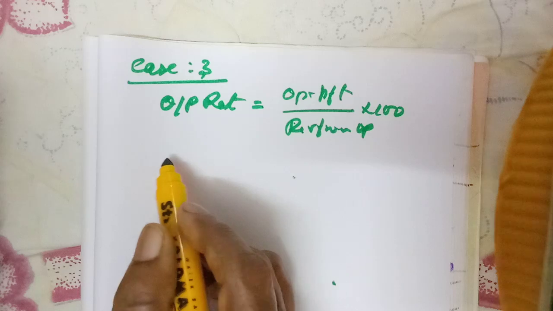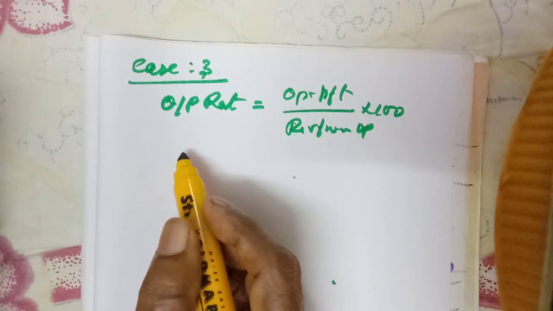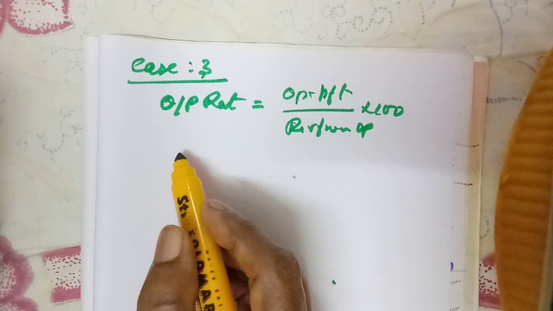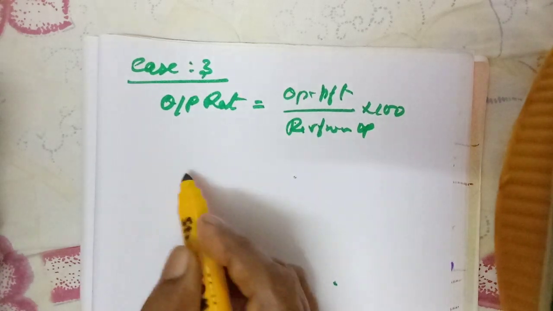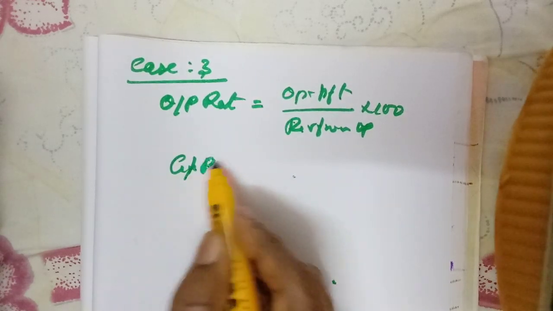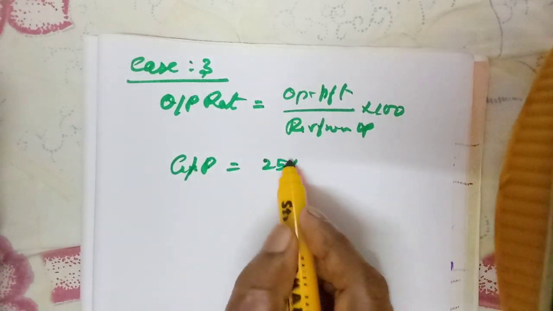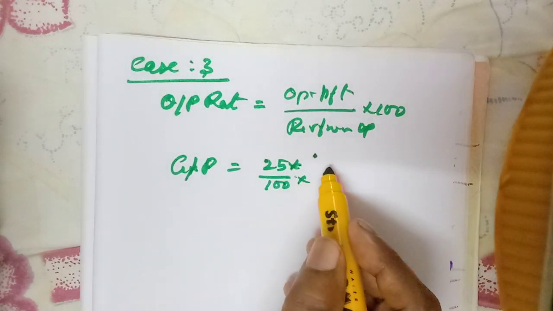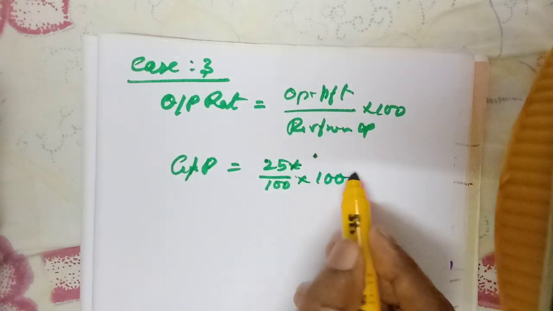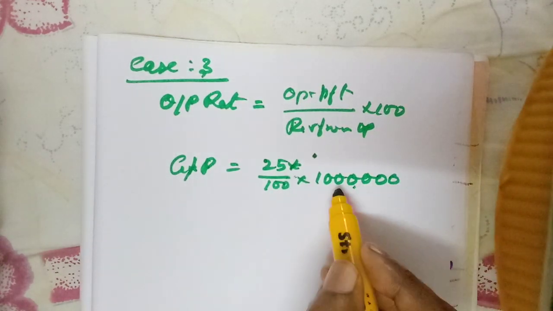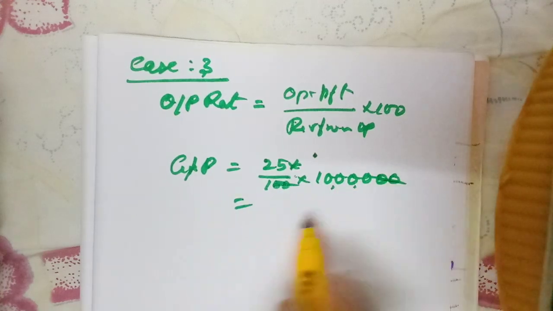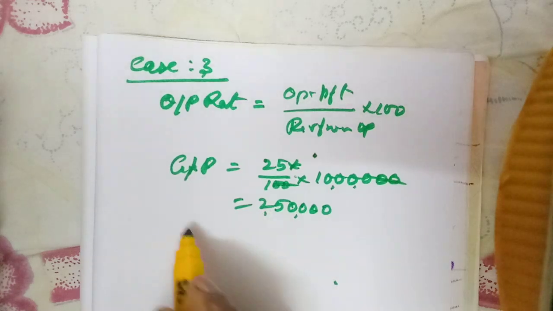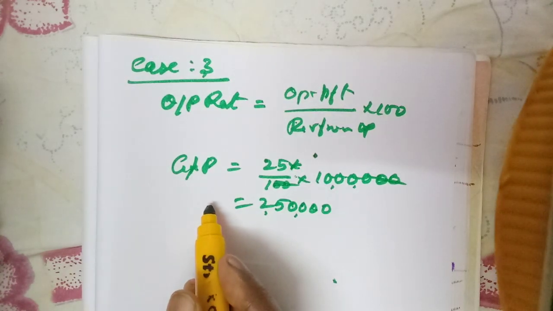First we will calculate the gross profit. Gross profit 25% on revenue, 25 by 100 into revenue from operation 10 lakh, isn't it? So 2 lakh 50,000 is the gross profit.